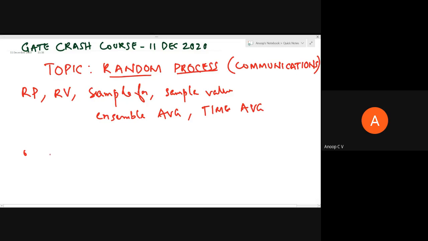Suppose we have a resistor, and you have studied about thermal noise. Because of thermally activated electrons in Brownian motion, that motion will constitute some net current at any given instance. That is a typical example of a random signal.